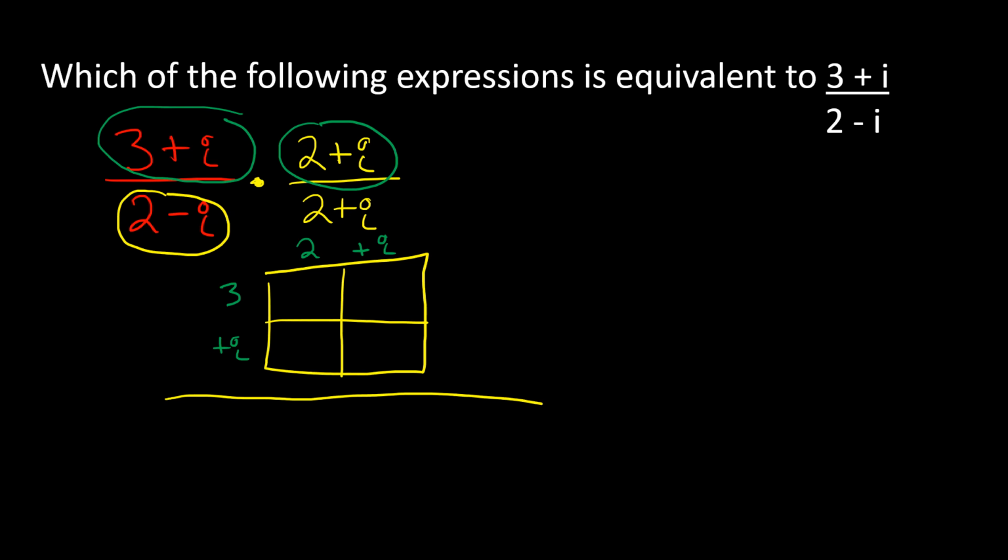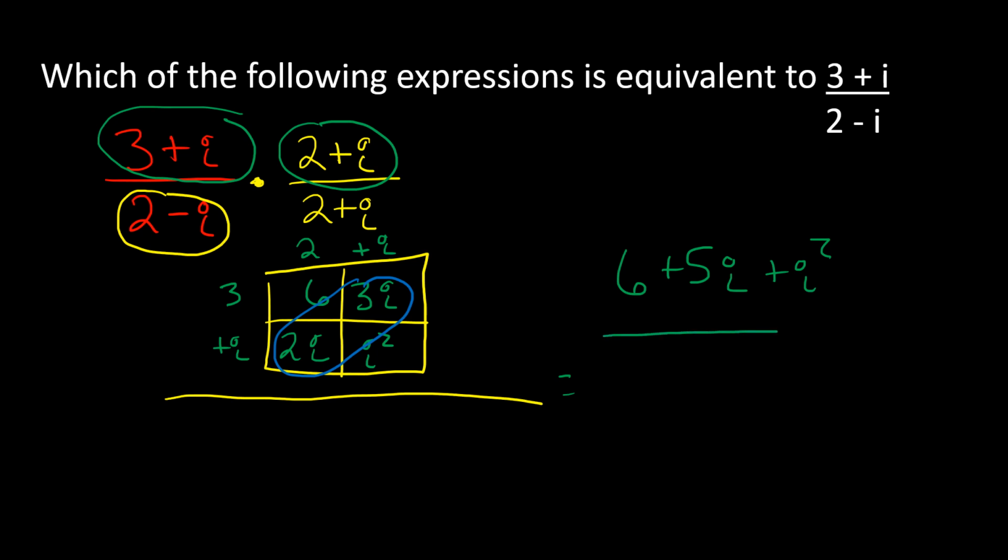So when we work this out, we'll do 3 times 2 is 6, 3 times i is 3i, i times 2 is 2i, and i times i is i squared, right? And so when we pull that out, we'll see that as 6. We'll combine these two, 2i plus 3i is 5i, plus i squared. And I'm sure you guys are already, it's clicking that i squared we need to change that, but we'll do that in just a bit.